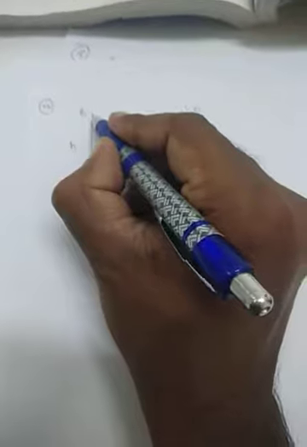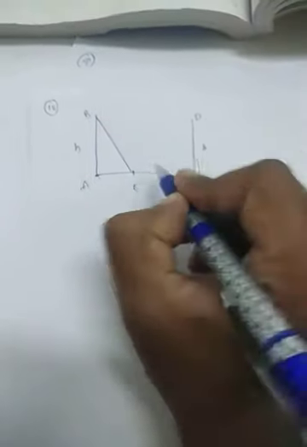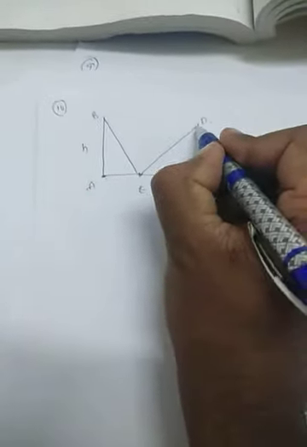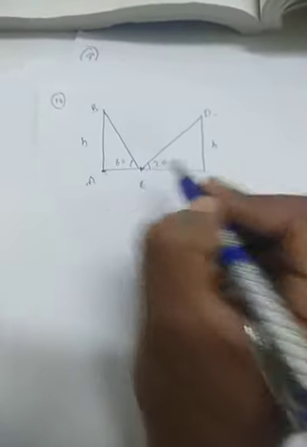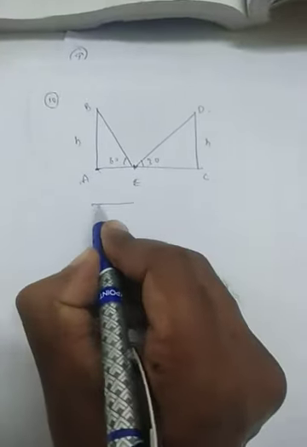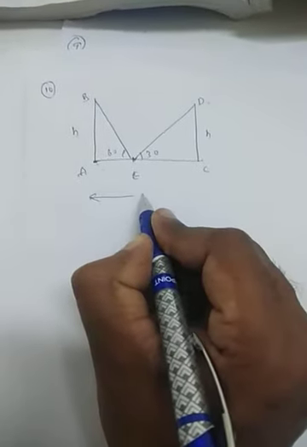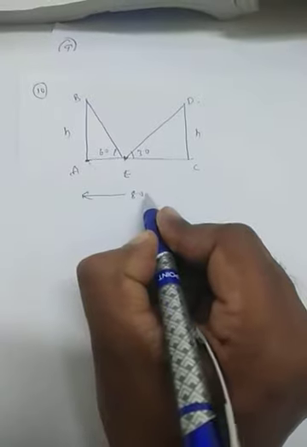The angles of elevation of the two towers are 60 degrees and 30 degrees, and the total width of the road is 80 meters.